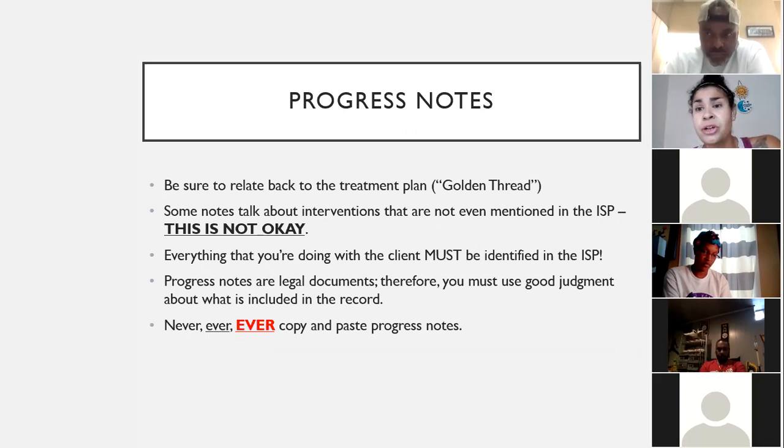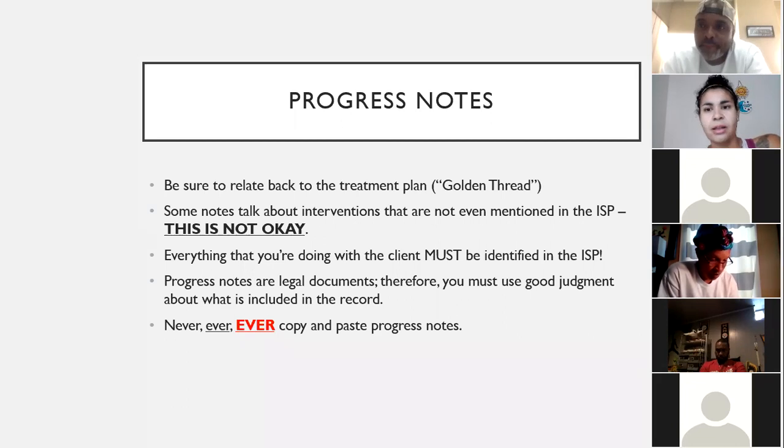So you could use worksheets, you could have a client make up a song about anxiety symptoms, you could show them a YouTube video that's educational. So there's still a lot of creativity and freedom in how you do the intervention. It's just saying what you're doing as an intervention. That's what I think is really nice about the treatment planner that's already in there.